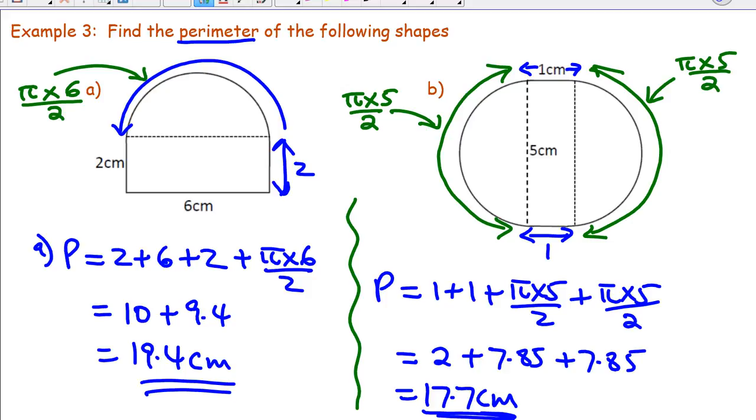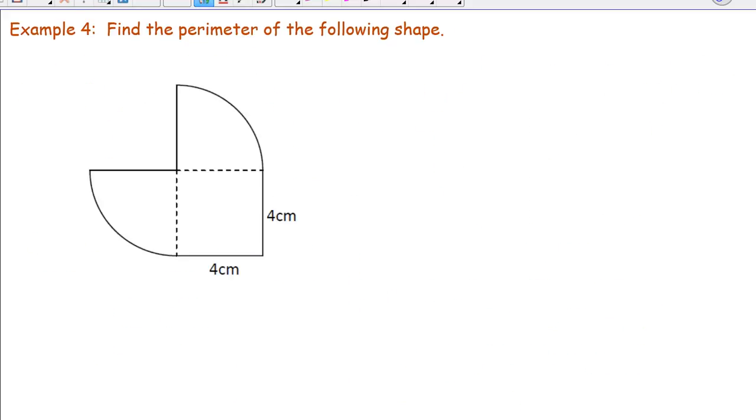All right, so just need to inspect, look through what you're trying to find, and you apply the formulas that we discussed. Last question. So again here, by inspecting, distance from there to there is 4, which means distance from there to there is 4 as well.